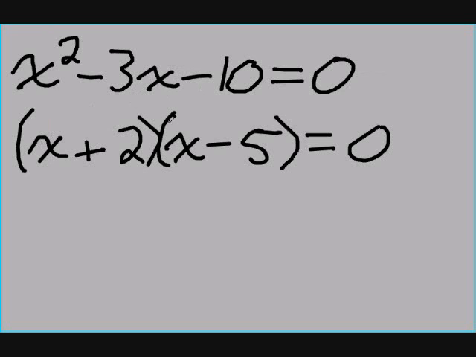So if you multiply this through, you get x times x is x squared plus 2x minus 5x is minus 3x, plus 2 times minus 5 is minus 10, right? Positive 2 times negative 5 is negative 10. Alright, and now I stress this. If you have two things multiplied together and they give you 0, then one of these two has to be 0.